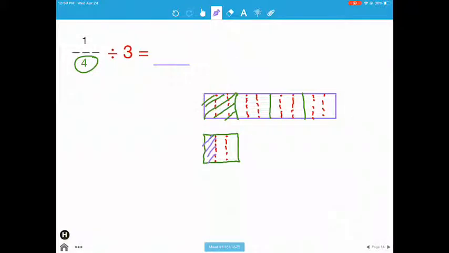Okay? And that is 1/12. Now, some of you can see that if we multiply this, we're going to get that. And then we just move the number over. It's okay if you understand that. Right now, we want you to draw and show it with the tape diagrams.